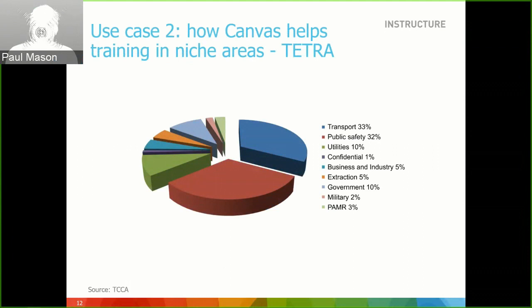A lot of these are used on civil engineering projects, long lead times. People might come on a course just to get a feel for Tetra and whether it's the right solution, things like that. So the market's really small. The point is the market's really small. So using Canvas and distance learning is perfect to be able to offer training to this market.